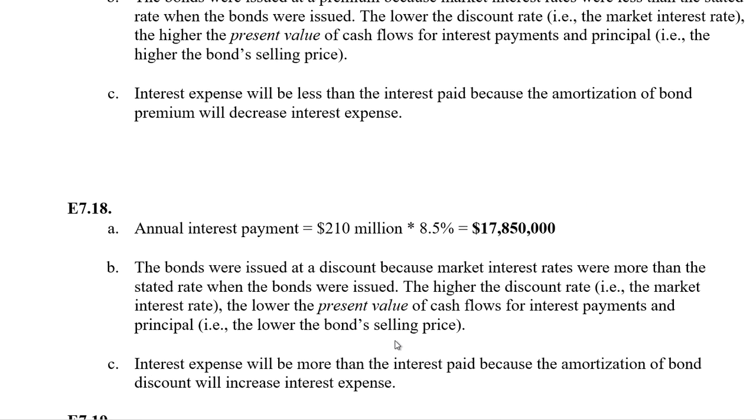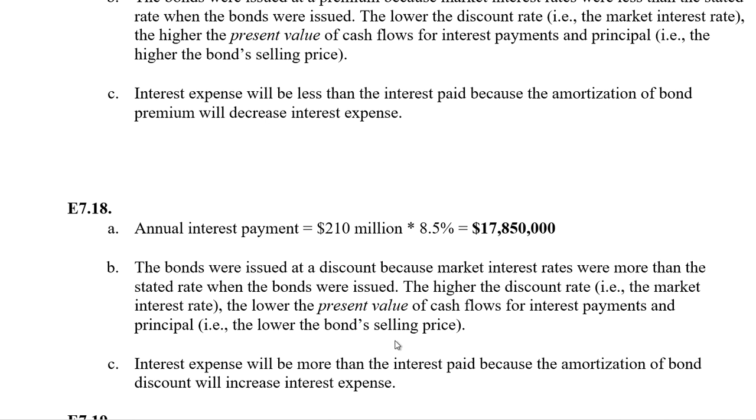Now 718 is kind of a recap of 714. Adam Endivor Company here issued a $210 million bond, and in the first part, it asked how much interest will be paid annually.